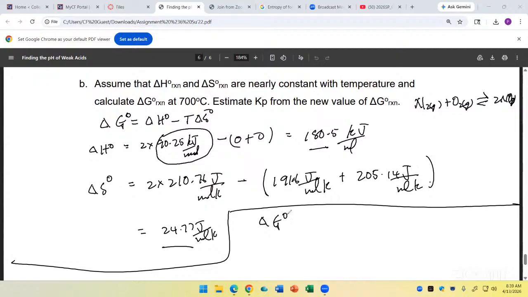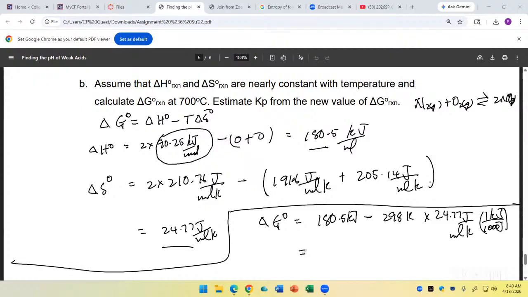Delta G standard would be equal to delta H, which we calculated to be 180.5 kilojoules, minus T, which is 298 Kelvin, times delta S, which is 24.77 joules per mole Kelvin. And what I would do here is convert that to kilojoules per mole Kelvin. So 1 kilojoule above and 1,000 joules below.